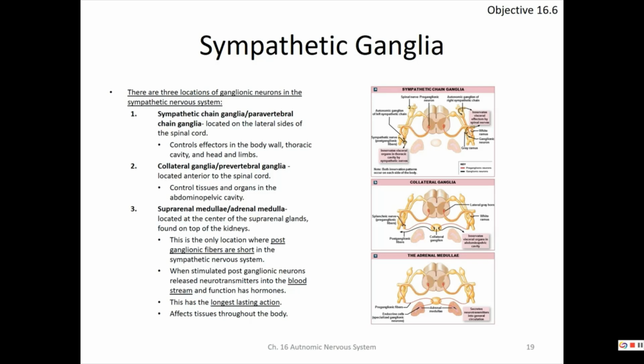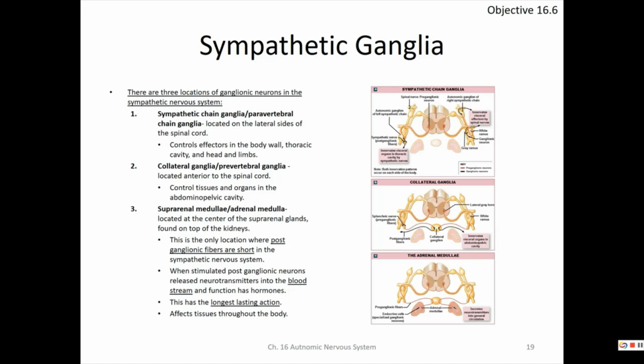Boards and standardized tests love exceptions to rules, and this is an exception to the rule that sympathetic preganglionic neurons are short and postganglionic neurons are long. So remember, sympathetic has short pre's, long posts, except here. In this case, the preganglionic neuron is very long and the postganglionic neuron is very short.